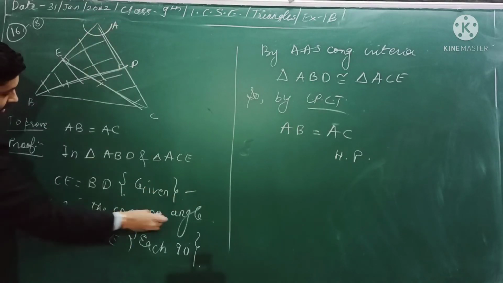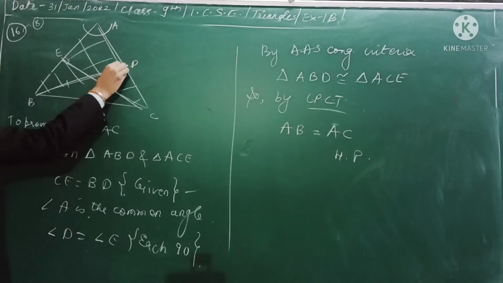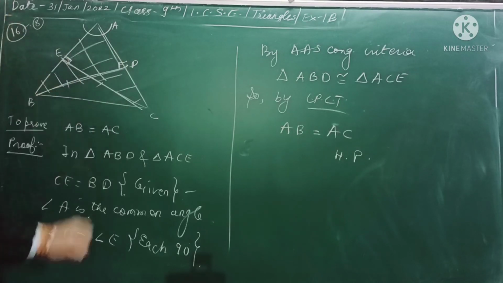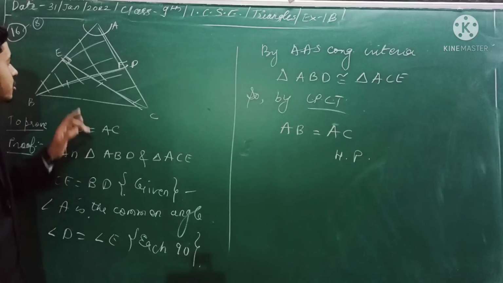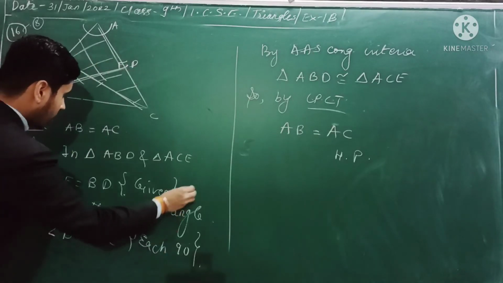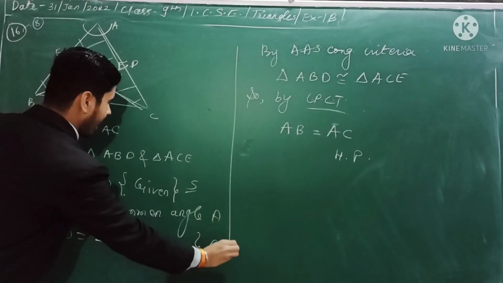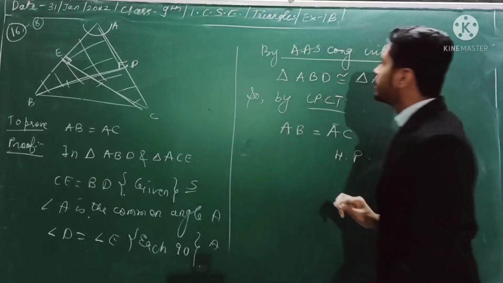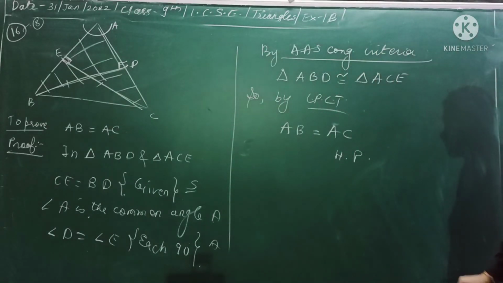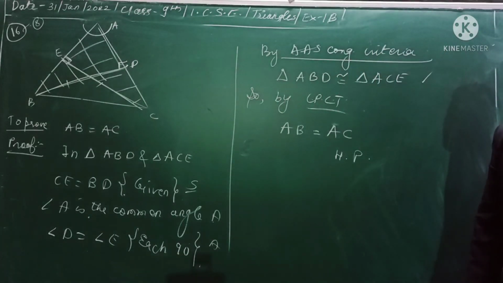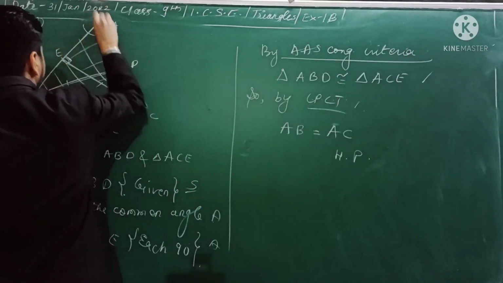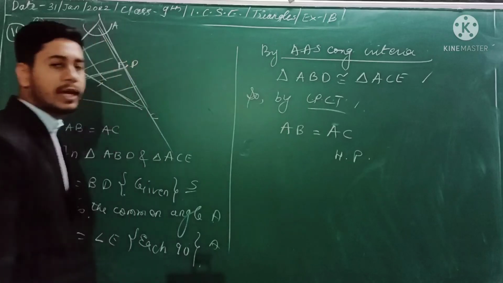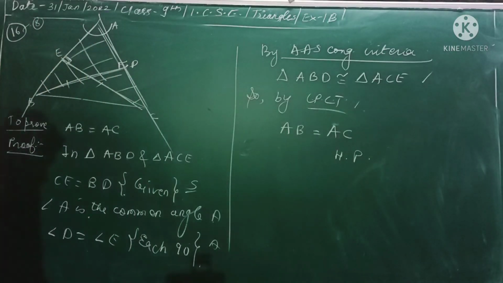Angle A is common, again the same steps, and angle D is equal to angle E because they are altitudes, and altitudes make 90 degrees. So we got one side, one angle, and one more angle. By angle-angle-side congruency criteria, the two triangles are congruent to each other, and by CPCT we may say that AB will be equal to AC. So this is the proof.